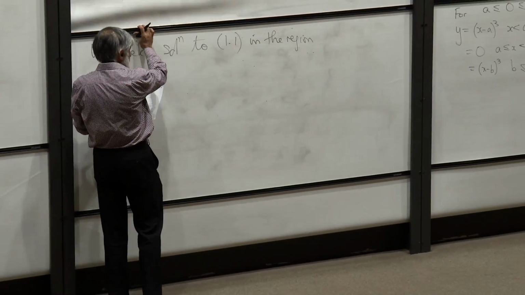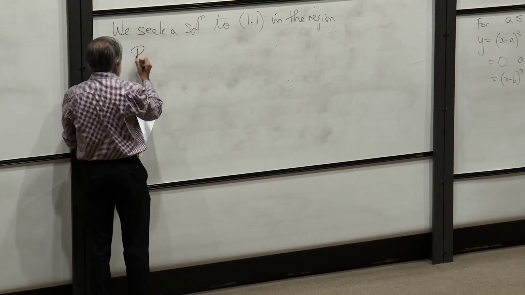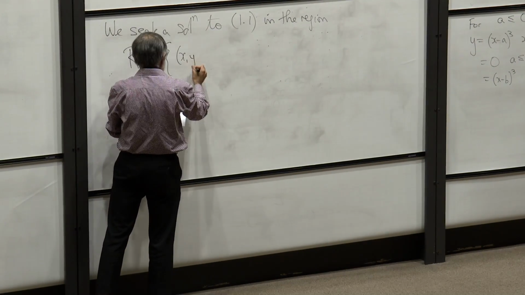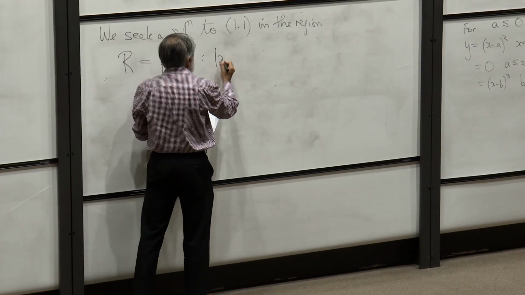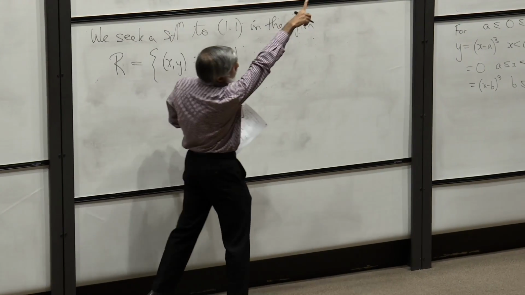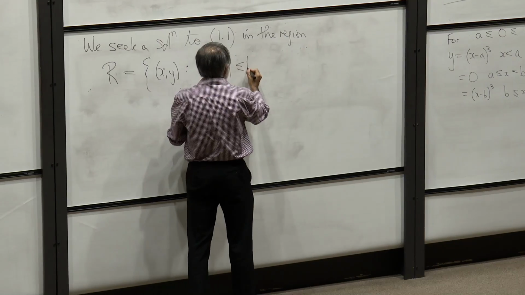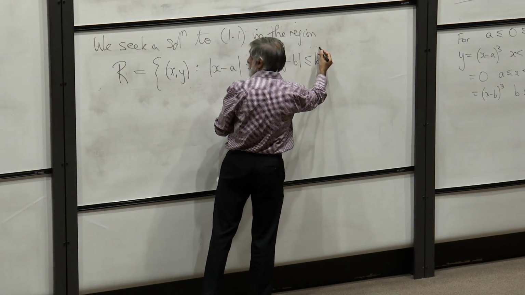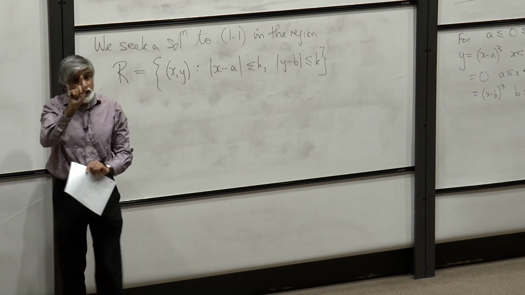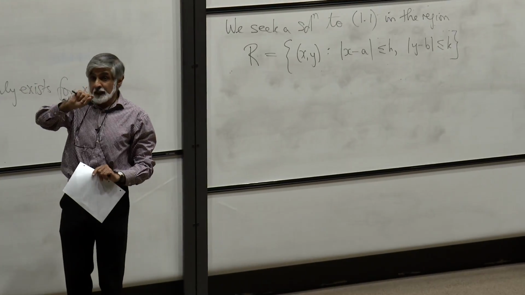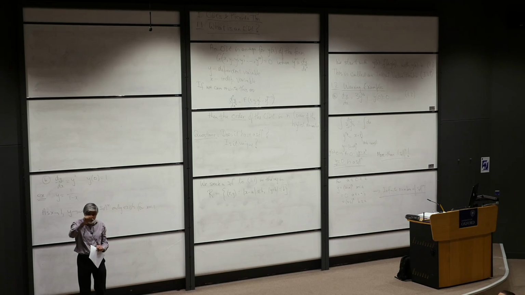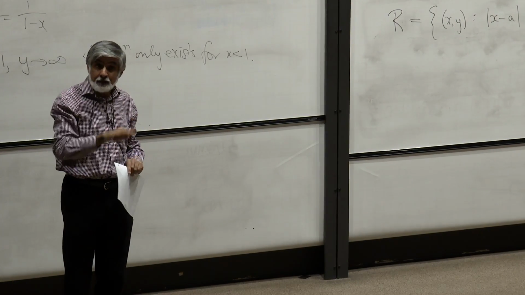So we seek a solution to 1.1 in the region R, standing for region, xy, such that y of a equals b. Basically, we're saying that if we consider a and b in the plane, and we're told that y at a is b, then is there a region around there where we have a solution?